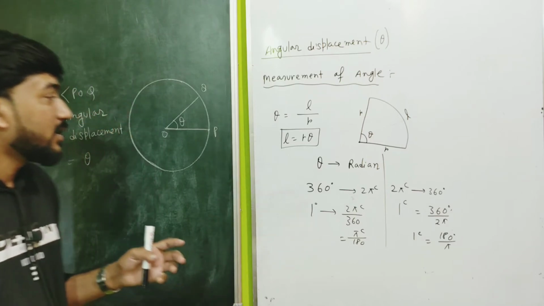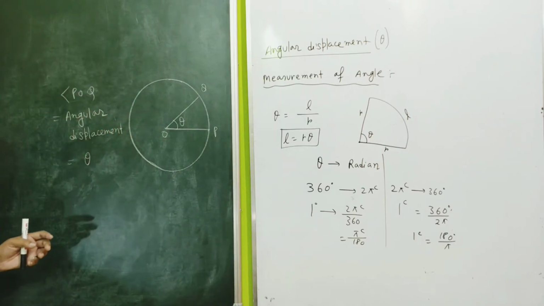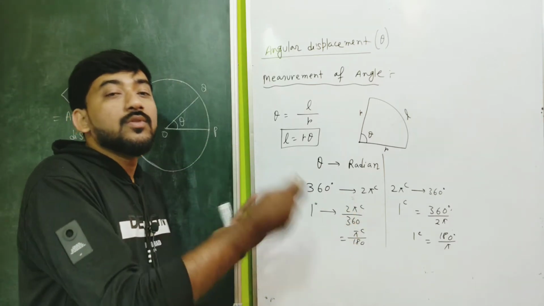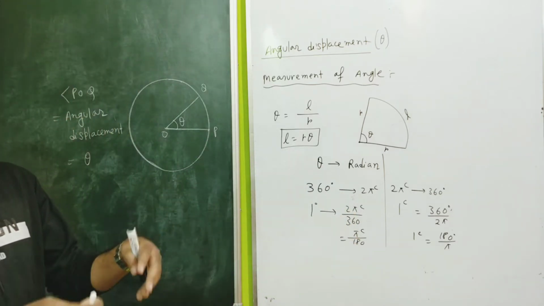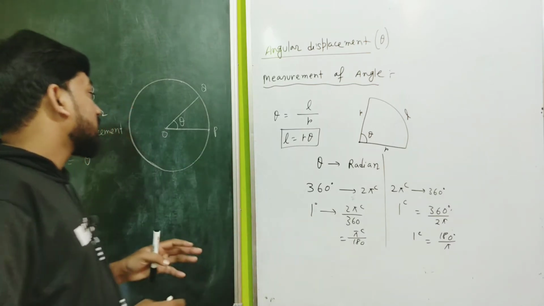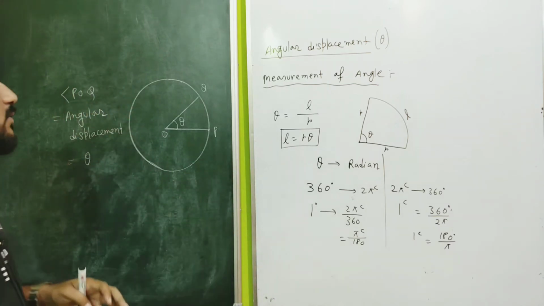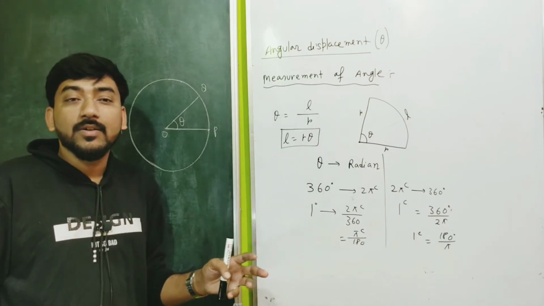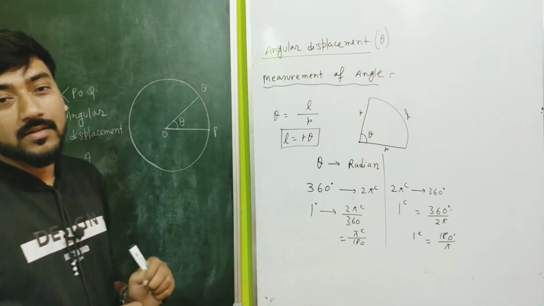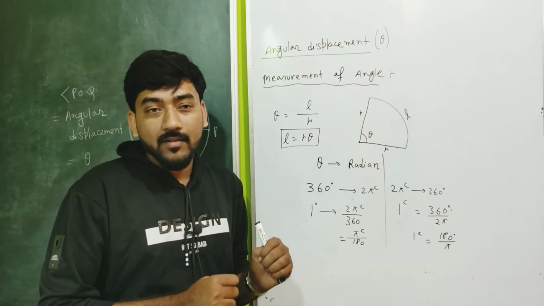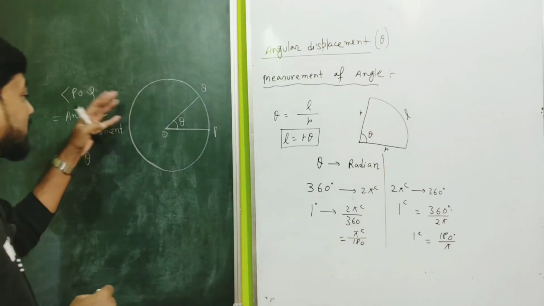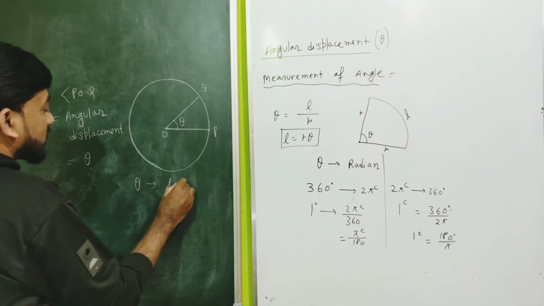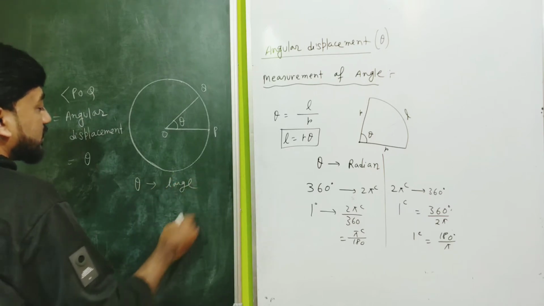So let me clear your confusion: this theta can be treated as a pseudo vector, I will tell later on. But initially, you can simply say this theta can be treated as a vector quantity only if it is a small theta, a very small angle. Okay, so if this theta is large, then you can say this is just scalar.